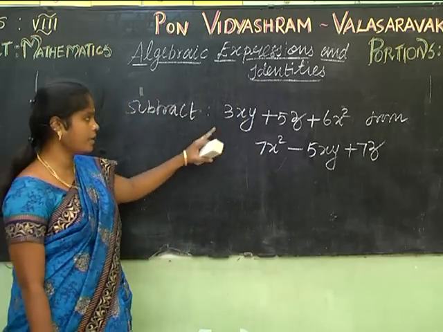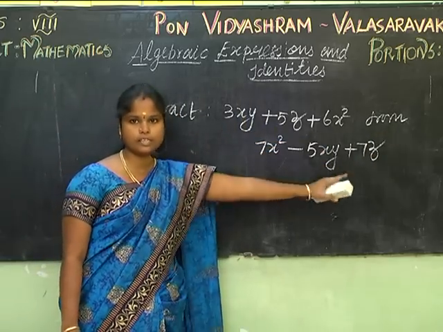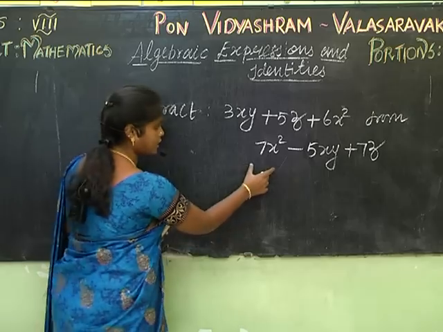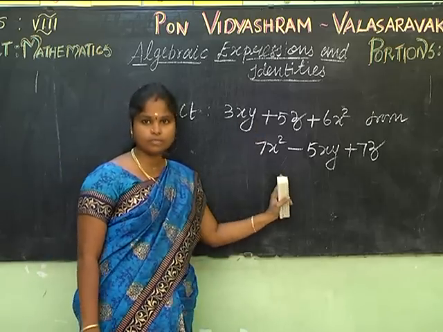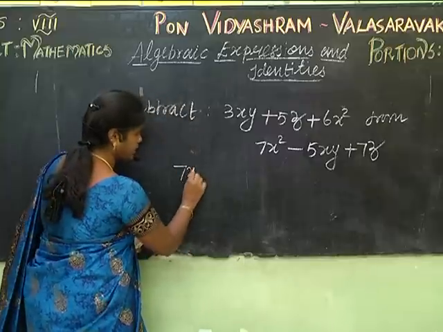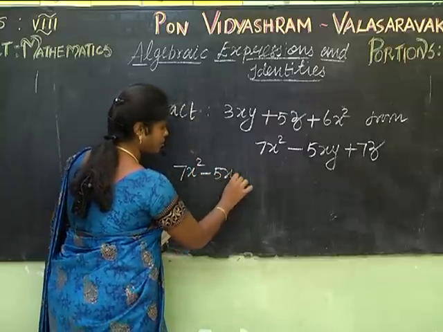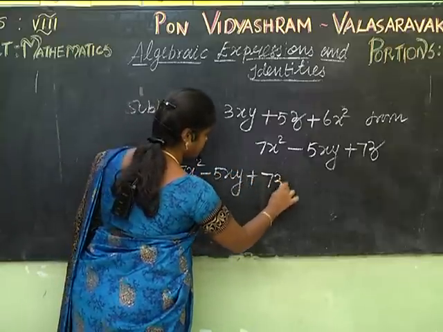The question is to subtract this expression from the second expression. First we need to write this expression because we are going to subtract this from this. So first write the second expression, 7x square minus 5xy plus 7z.